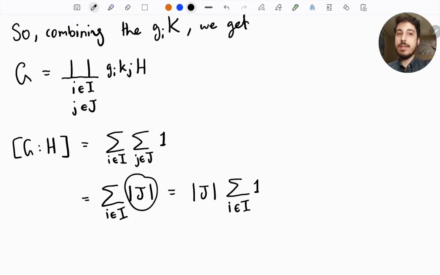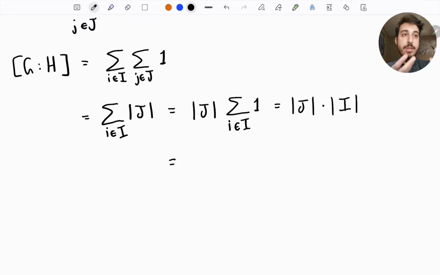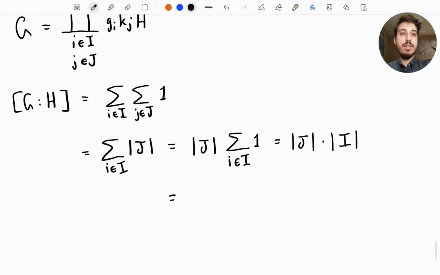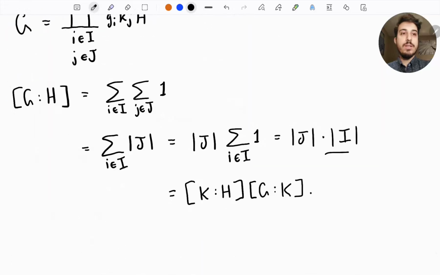Since this is independent for each i, we can just take it out, and we're left with the counter for how many elements there are in big I. This is equal to the cardinality of J times the cardinality of I. But the J here is defined to be the number of cosets of H in K, and the I is defined to be the number of cosets of K in G, thus giving us the result that we wanted.